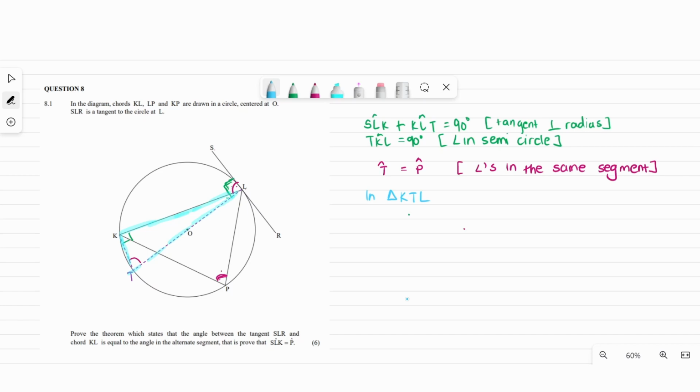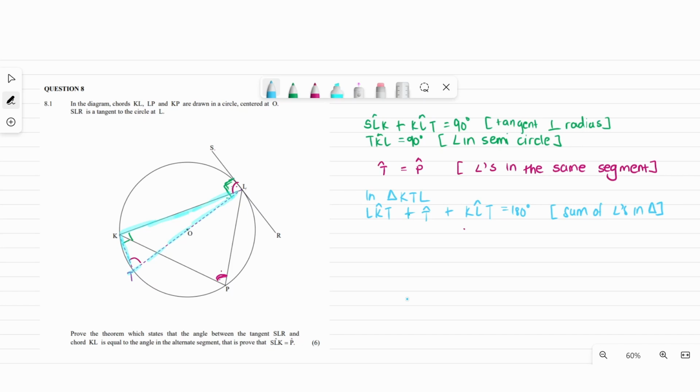So angle LKT, plus, let me just call it angle T, which is this one I'm talking about, plus this angle, which is KLT, is equal to 180 degrees, and the reason for that is sum of angles in a triangle.